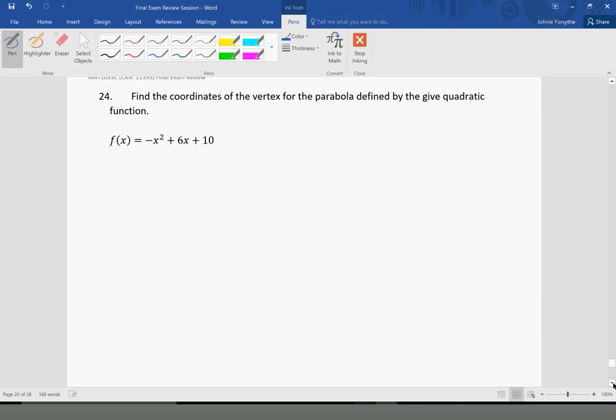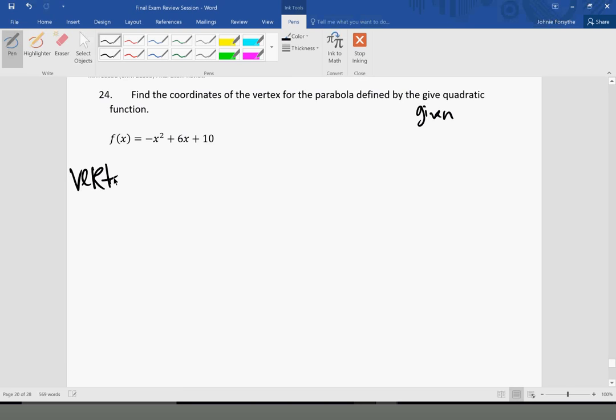24. Find the coordinates of the vertex for the parabola defined by the given quadratic function. So it's in standard form, so we have to use the vertex formula. So the vertex formula tells us the x-coordinate of the vertex.